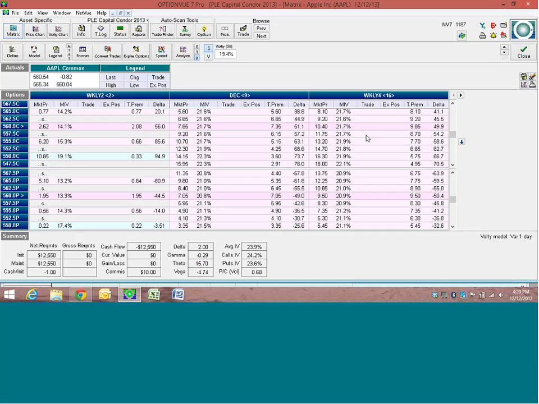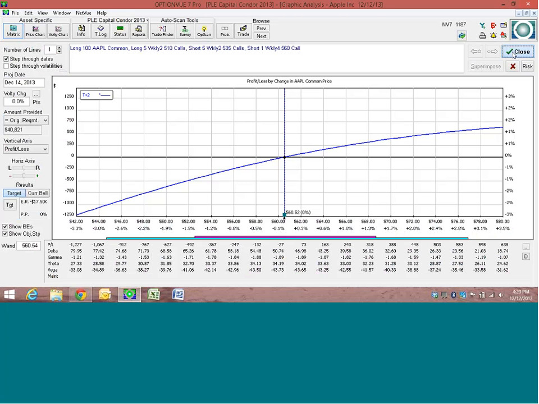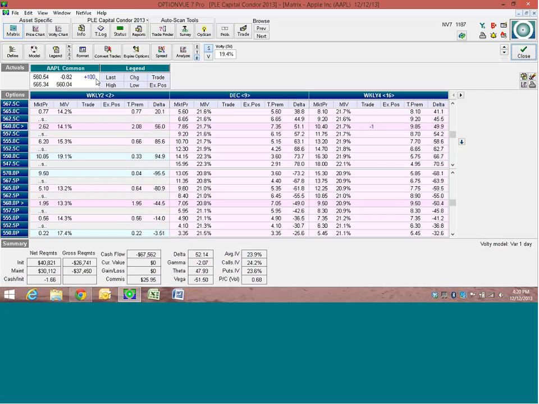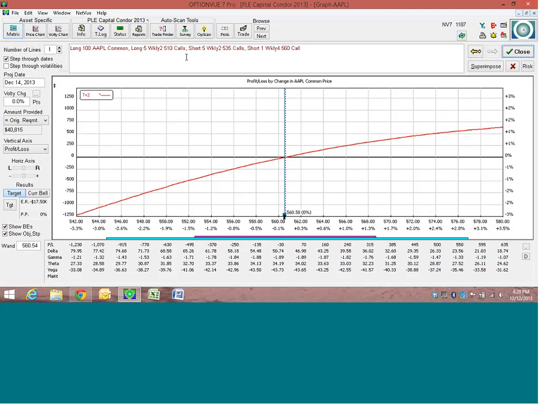So if I were to write a call here against stock, you would put something like this, and then that's not right. It doesn't look right. Let's do this. Why is it?